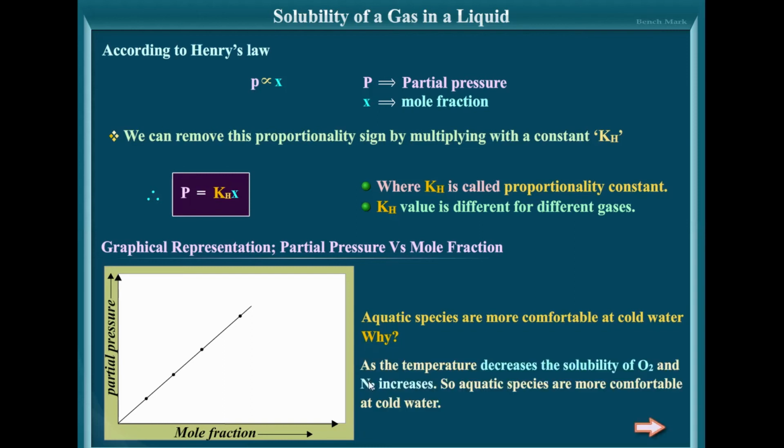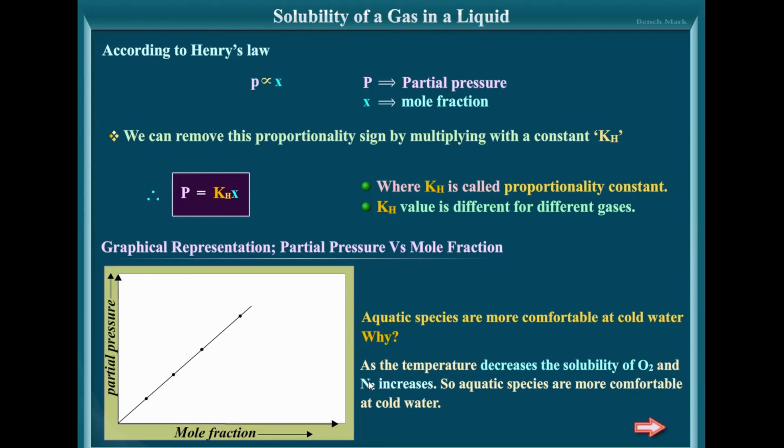Aquatic species are more comfortable in cold water. Why? As we have learned earlier, as the temperature decreases, the solubility of oxygen and nitrogen increases. Because when a gas is dissolved in a solvent, these processes are exothermic in nature.